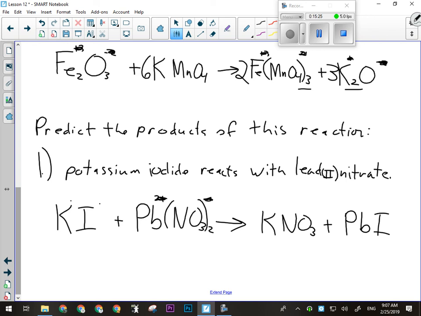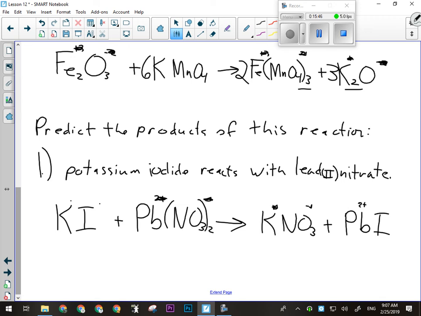Okay, so now I've written out who's with who. But I've just made 2 new ionic compounds, and I didn't swap and drop either of them. Is it a good idea to do so? Yes, it is. This is a +1, this is a -1, so potassium nitrate is fine the way I've written it. Now lead, we were told, is a 2+.